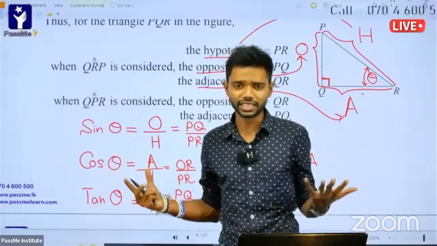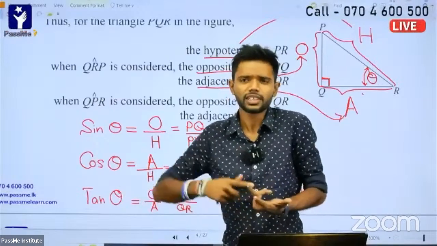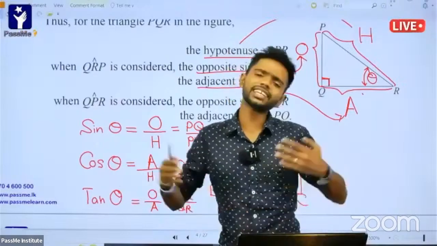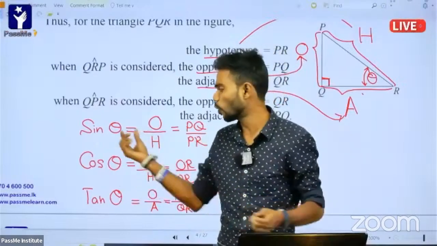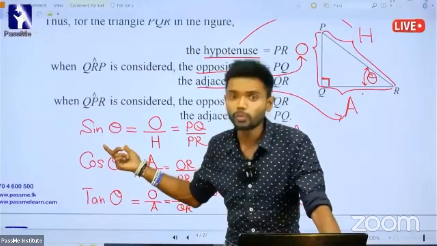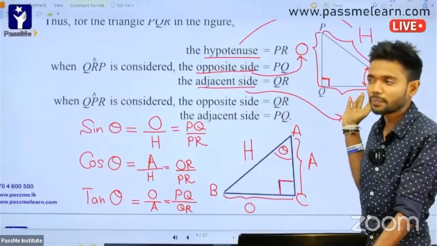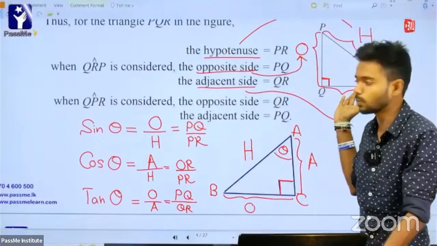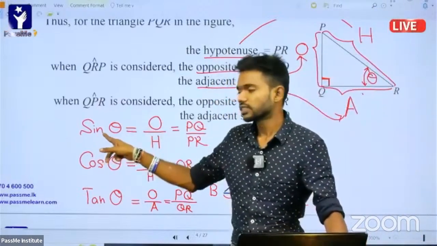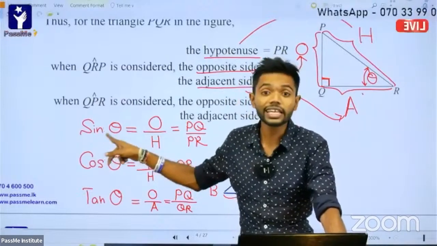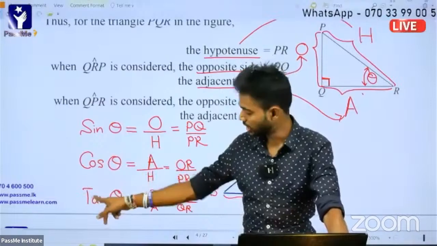So it can be 30 degree, 50 degree, 60 degree, 90 degree, 120 degree, any degree, right? Here sin theta we can write as sin 30, cos 30, tan 30.